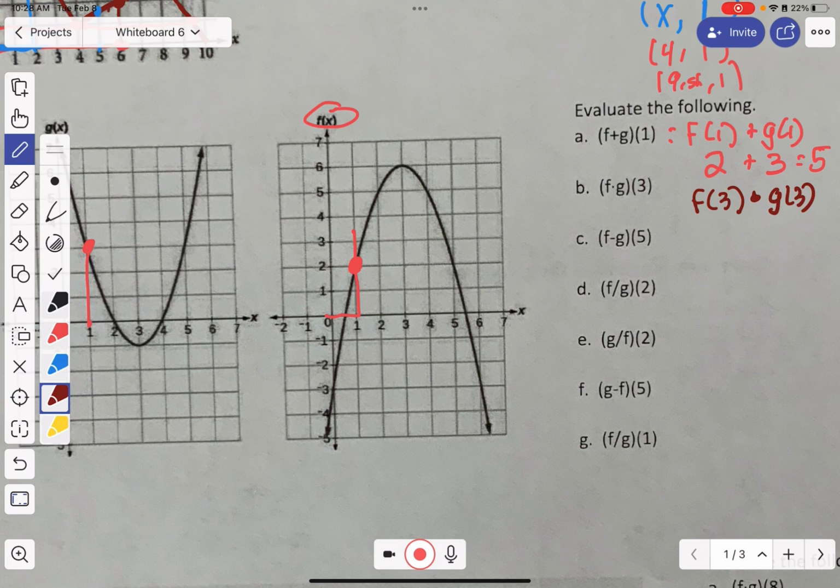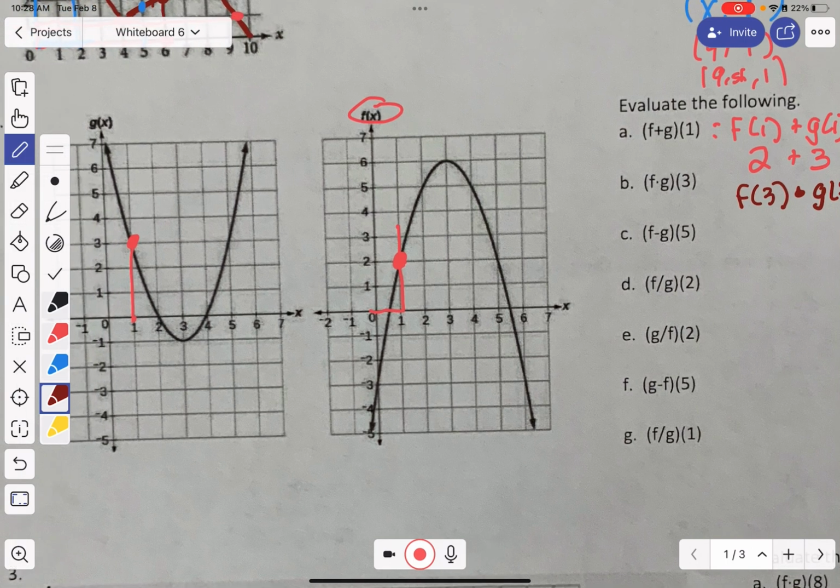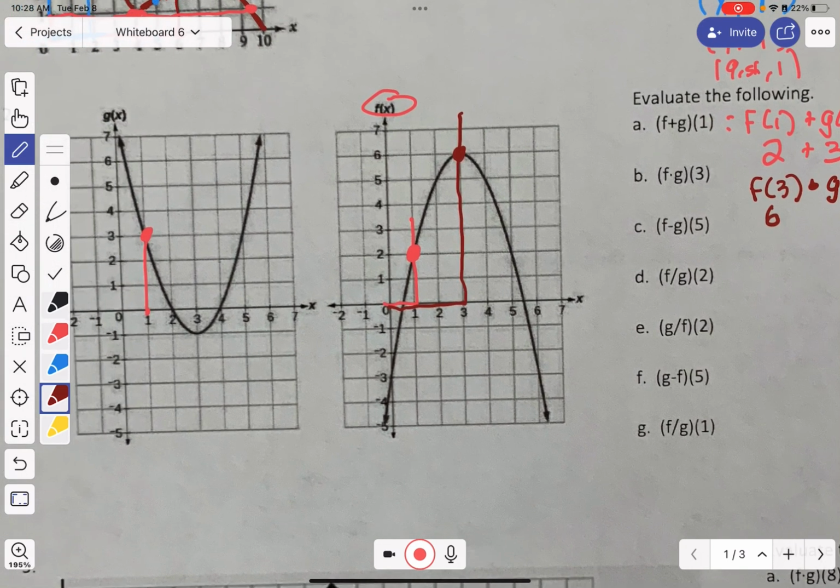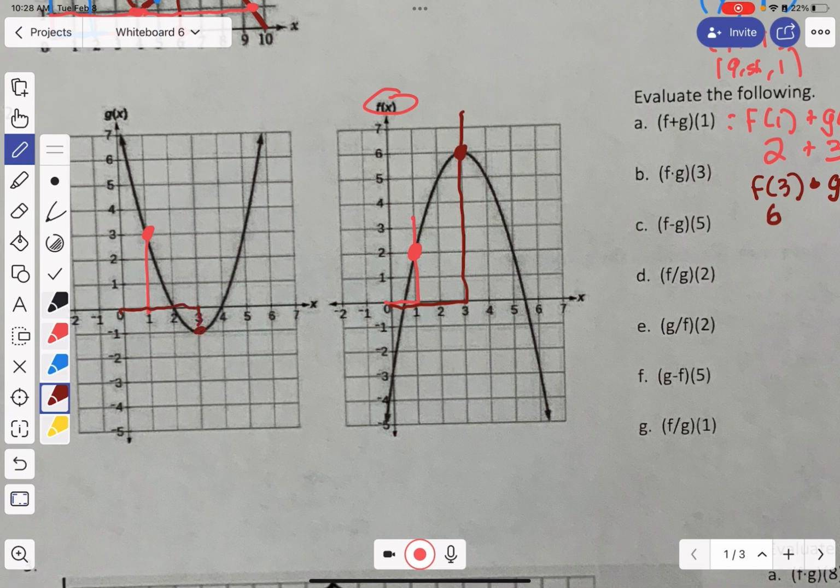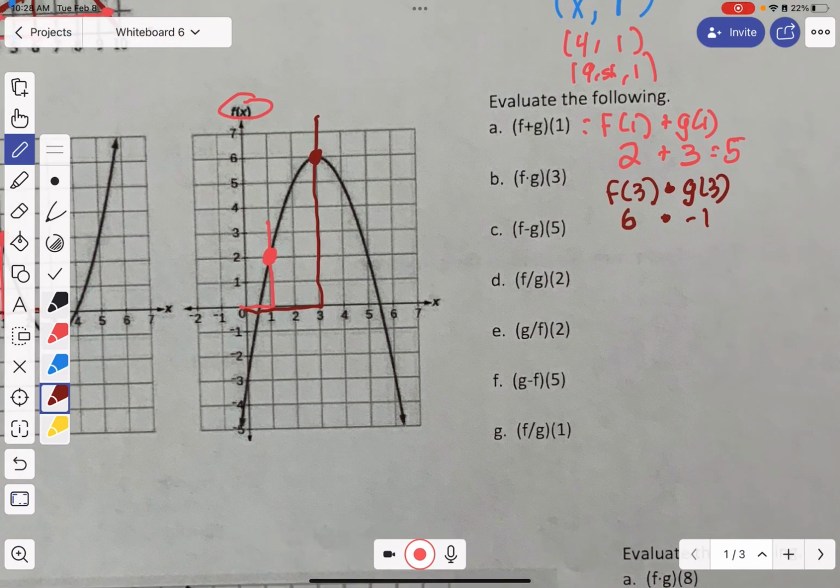Find f of 3, figure out what that is, find g of 3, and then multiply those two numbers together. Peek up real quick, see if you got what you got. Should have got -6.